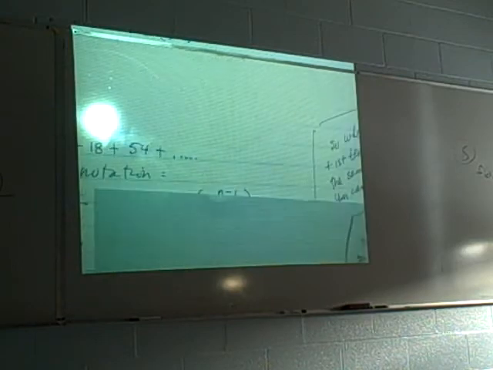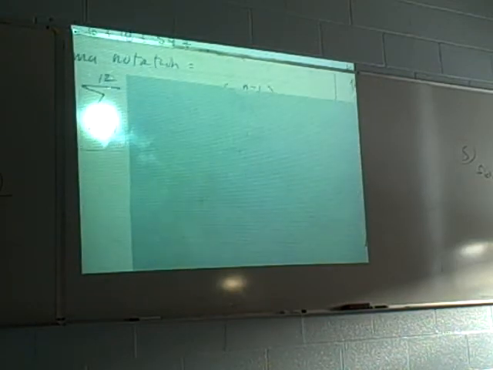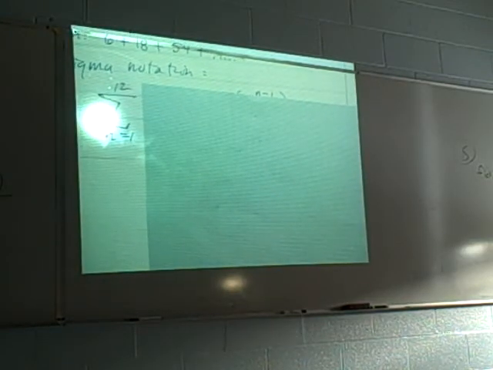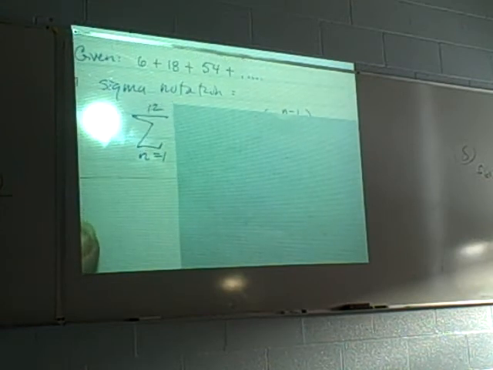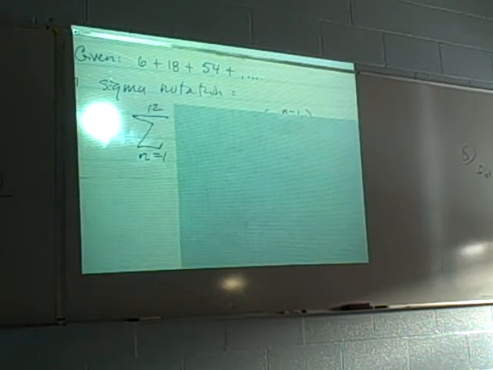So your job is to find the what? Last term, and then the sum. And the rule. We don't have to find the sum. No, I'm just asking you to write it in sigma notation. Wait, don't we need the last term? I gave you the number of terms, telling you that there are 12 terms.